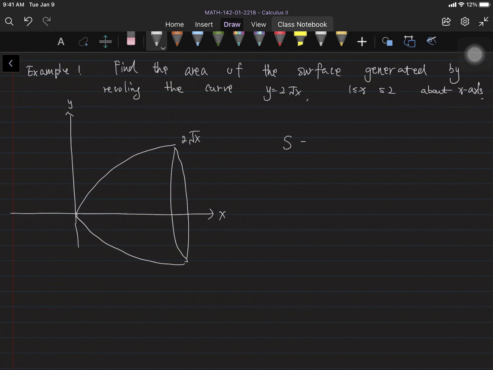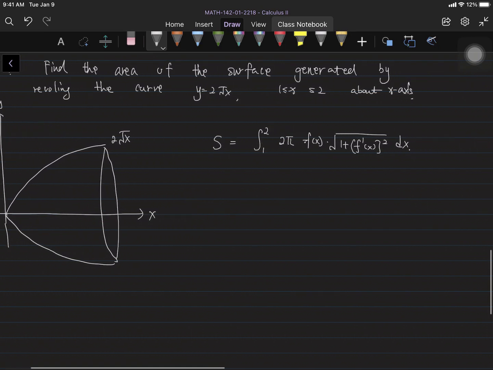Surface area equals, we should have a to b, 1 to 2, and then 2 pi, and the radius, which is the function. Firstly, I can write down the formula: square root of 1 plus the derivative of the function squared, dx. Actually here is just the arc length.